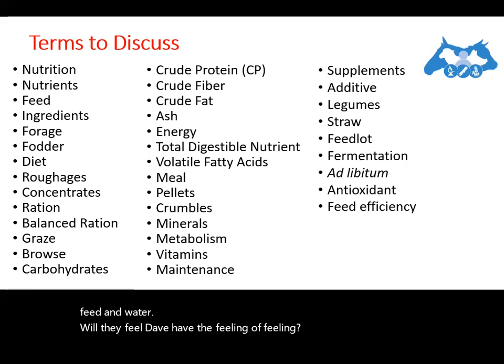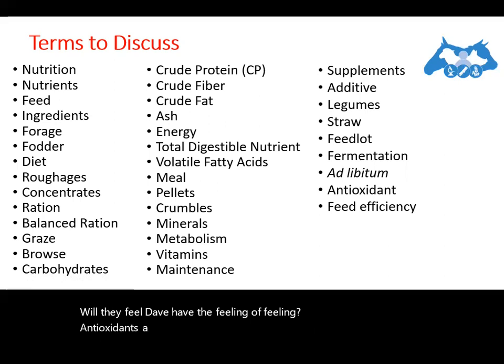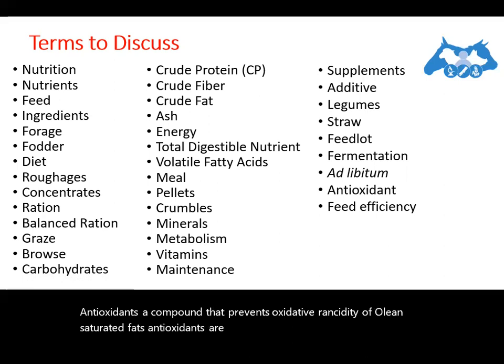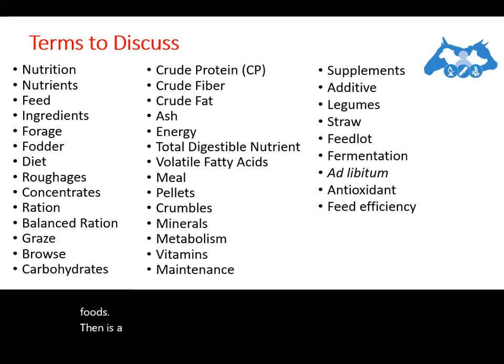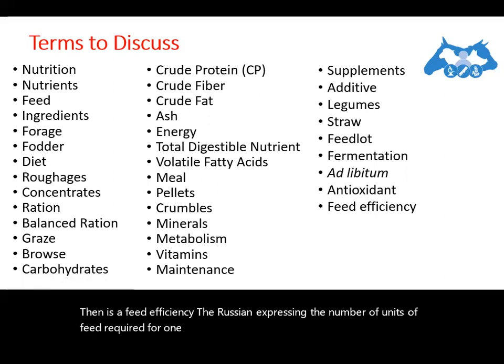Antioxidants, a compound that prevents oxidative rancidity of polyunsaturated fats. Antioxidants are used to prevent rancidity in feeds and foods. Then is feed efficiency, the ratio expressing the number of units of feed required for 1 unit of production, for example, meat, milk, egg, by an animal.